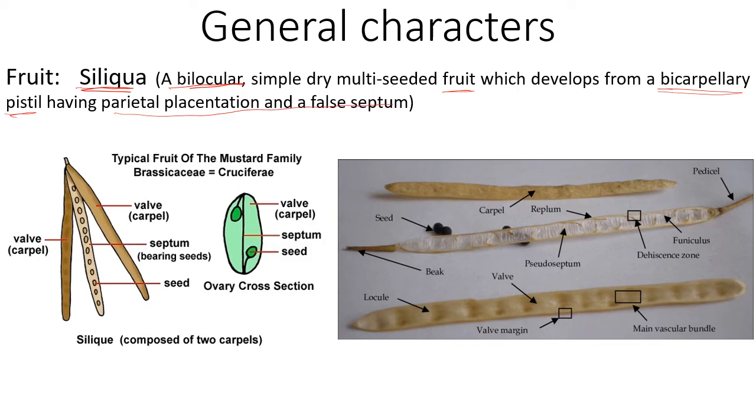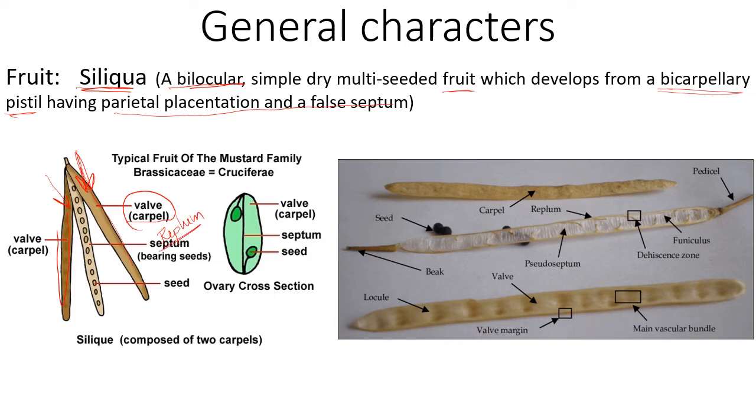Here you can easily see that this is one side of the fruit, called a valve of a carpel. This is another valve of the carpel, this one and this one. And this middle part is called the false septum, here called the replum.